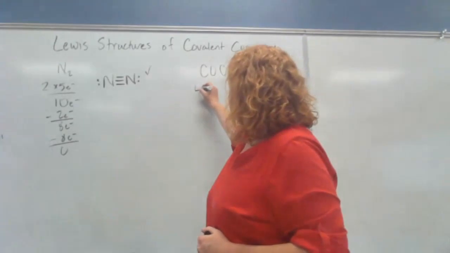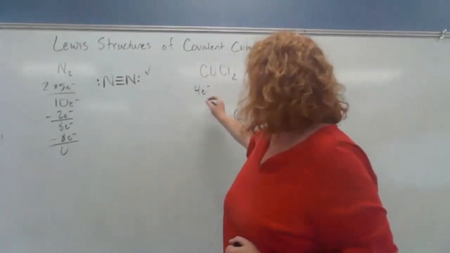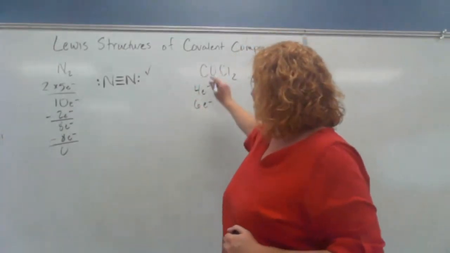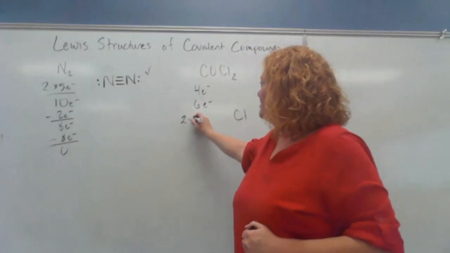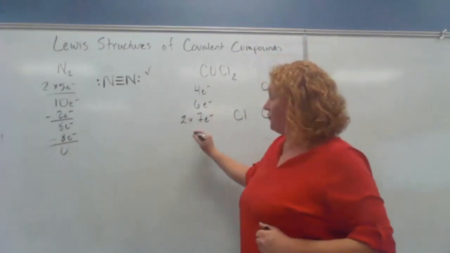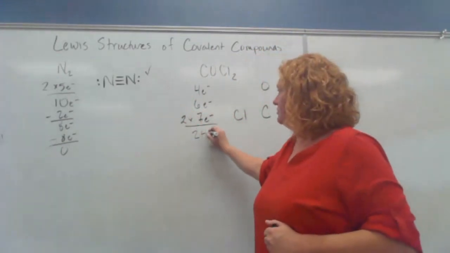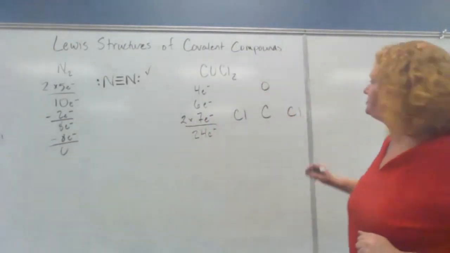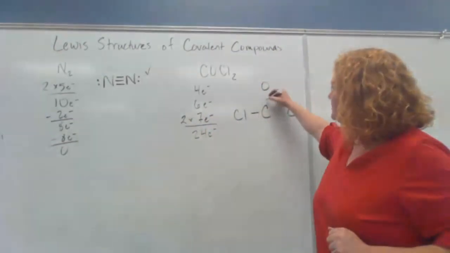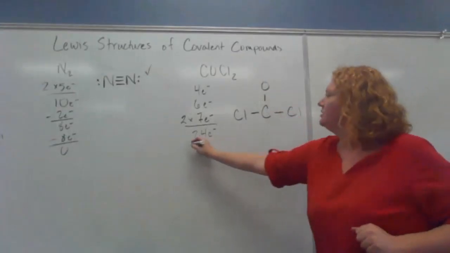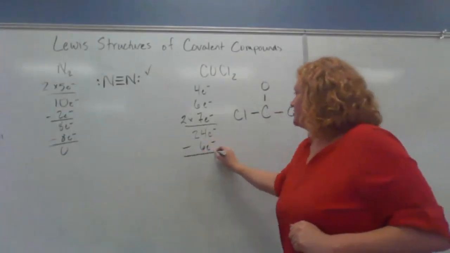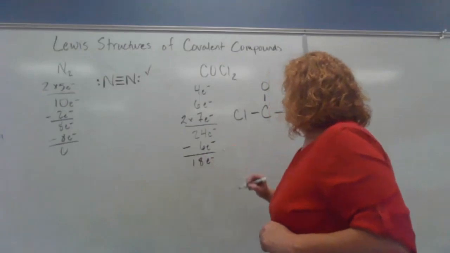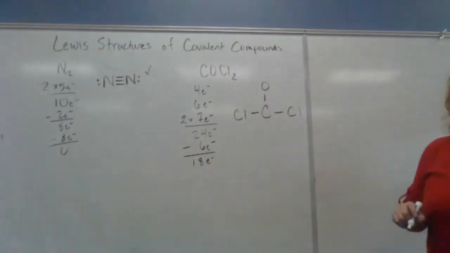Count up your valence electrons. 4 from carbon, 6 from oxygen, and each chlorine has 7, so that's 14. We've got 24 electrons to place into this sketch. Start off with a single bond from everything to the center. I used 6 electrons, so 18 are left to place as lone pairs.